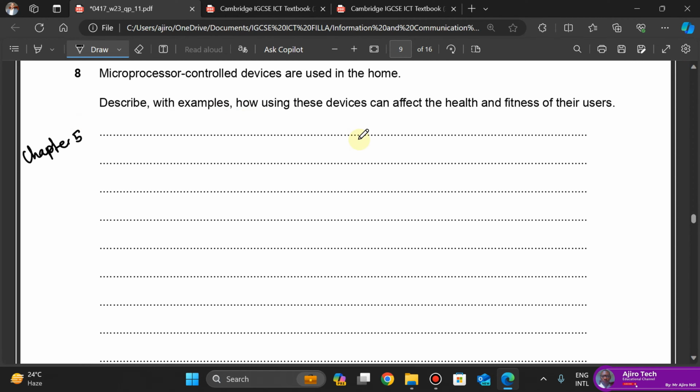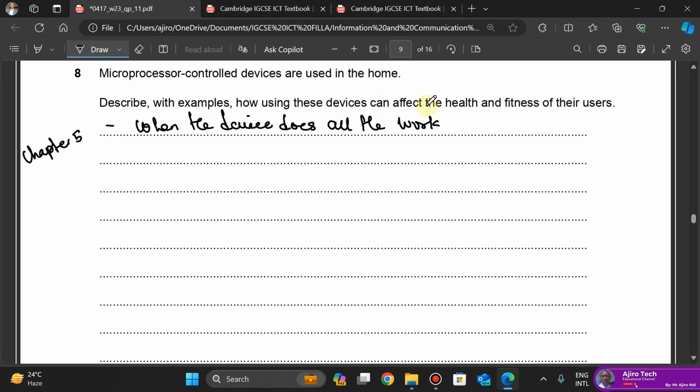So let's describe. The first point is when the device does all the work. Now, what is the example?